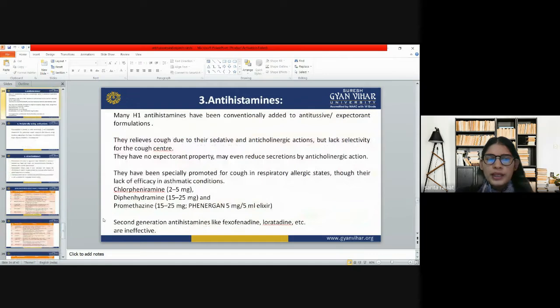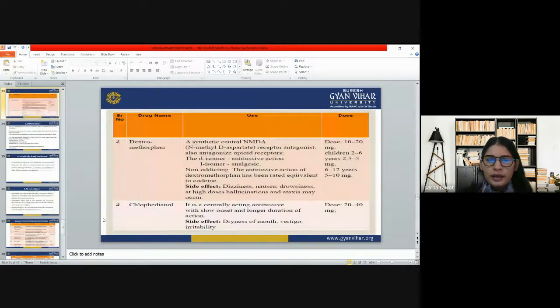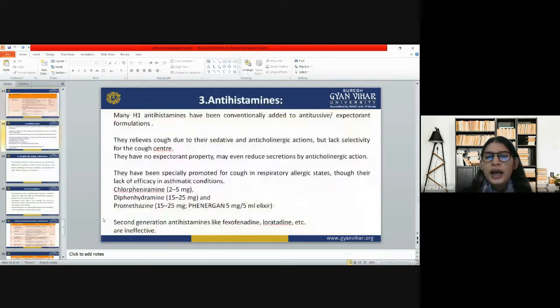Then coming to the next point, we have antihistamines. Mainly H1 antihistamines have been conventionally added to antitussive expectorant formulations. They relieve cough due to their sedative and anticholinergic action but lack selectivity for the cough center. They have no expectorant property and may even reduce secretion by anticholinergic action.